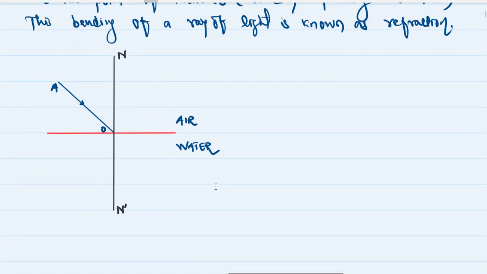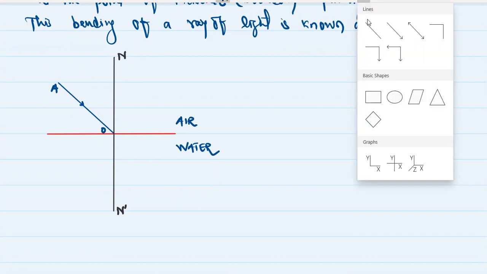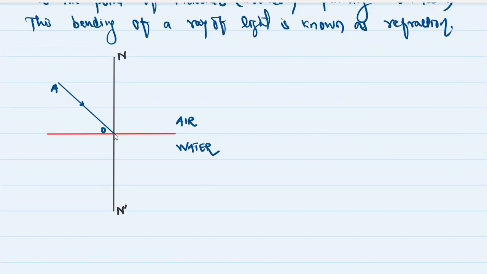So whenever a ray of light enters from one transparent medium to another transparent medium obliquely, what happens to it? Let's see. I will make a refracted ray now. So what happens to this ray? This ray bends according to the definition which I just told you.